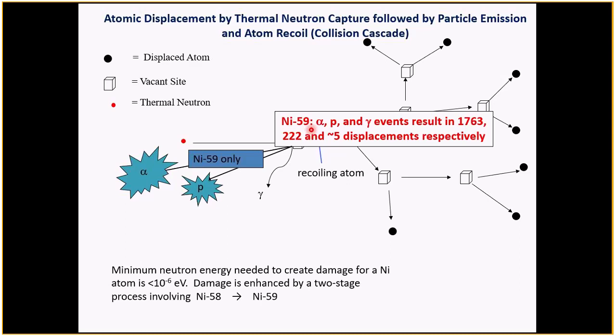So nickel 59 will eventually decay, and it has no natural abundance because it can only be created from nickel 58, which is the nearest stable, naturally occurring isotope. Nickel 59 is not naturally occurring. It has to be created by some kind of absorption of a neutron.